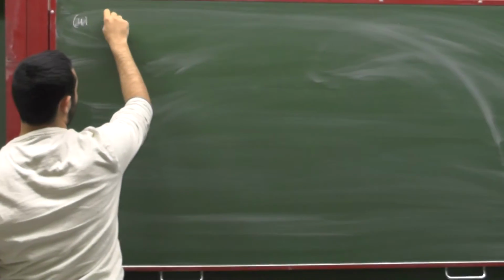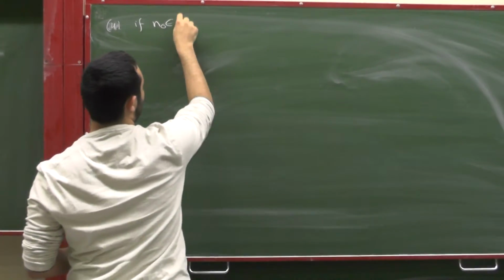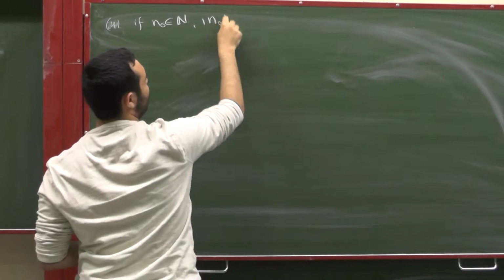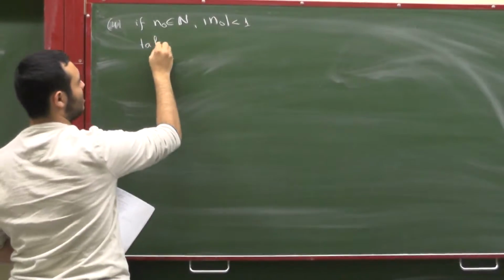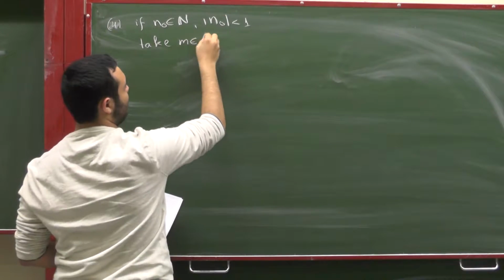Because basically, if the absolute value of n is bounded by 1, take general m in N, write it in basis.